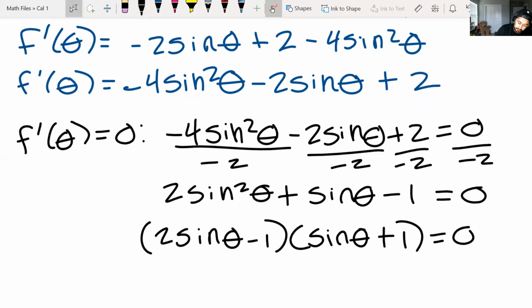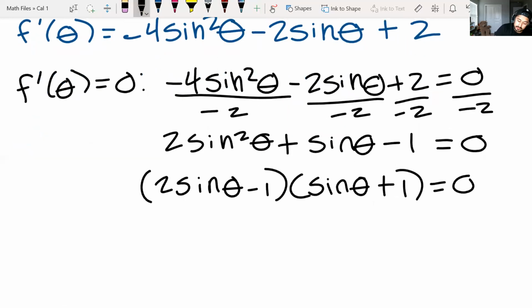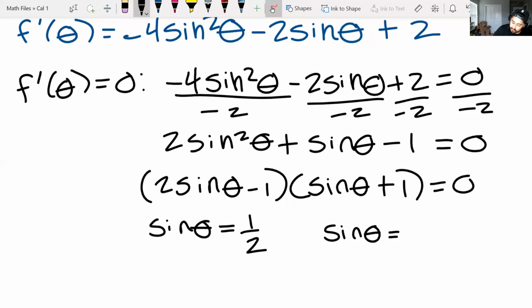Perfect. Set these equal to 0, and you'll get sine theta equals 1/2, and sine theta equals negative 1.